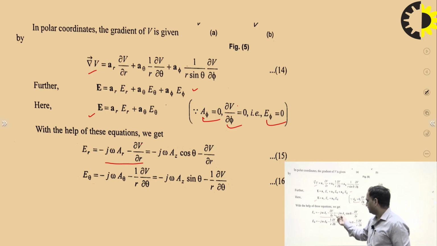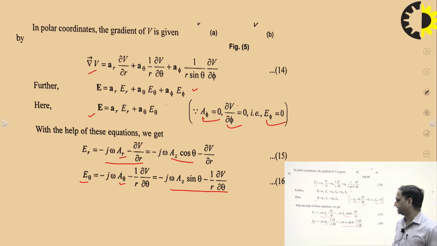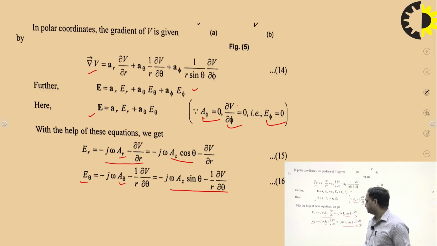Okay, so we are simply writing AR in terms of AZ cos theta and del V upon del R. So E theta will be what? E theta will be minus j omega A theta minus 1 upon R del V upon del theta. So this equation will be like this one. Okay, so ER and E theta we can use that.